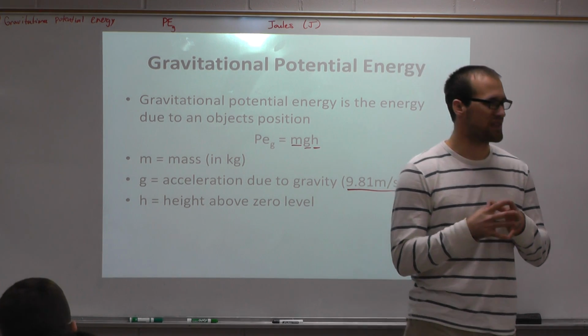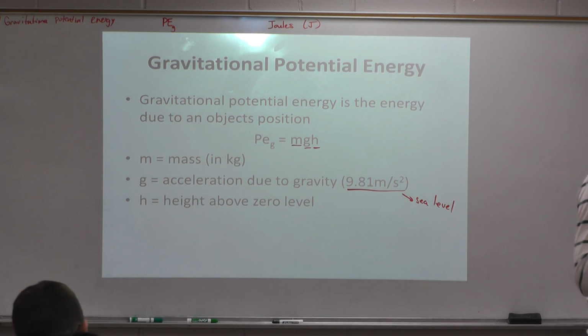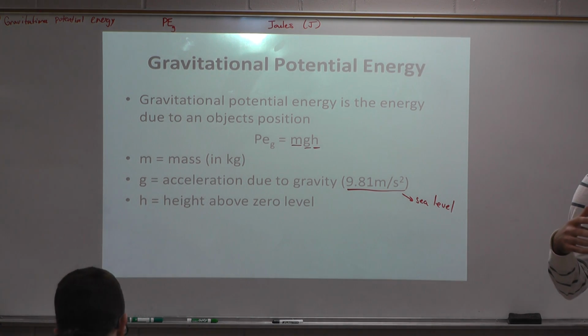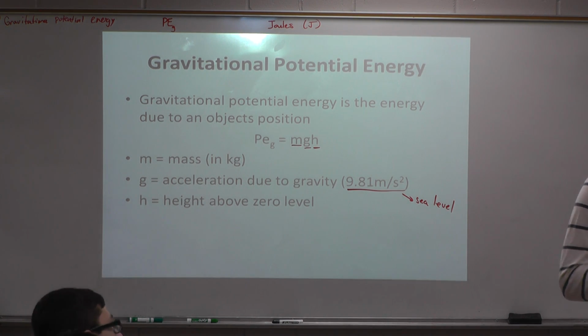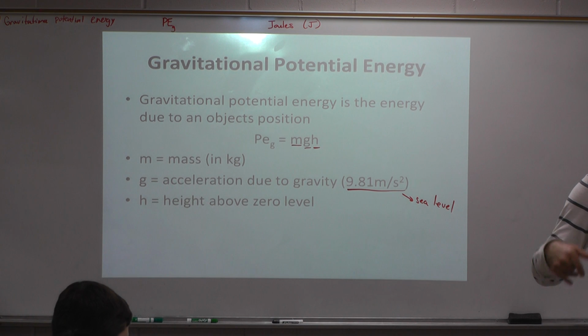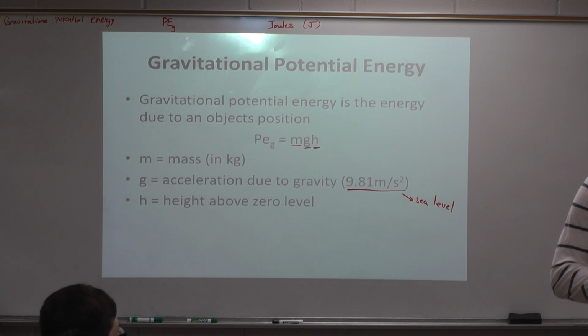We can essentially set any level to be zero. Usually the common place where we set zero level is the ground. Because is that going to have any potential energy to be pulled down through the Earth, really? No. Technically there's probably potential energy, but it's not a lot.